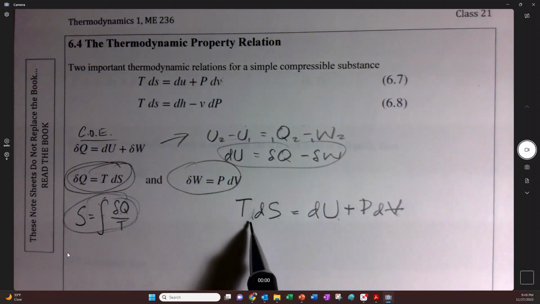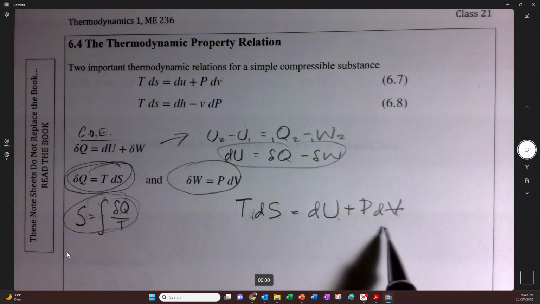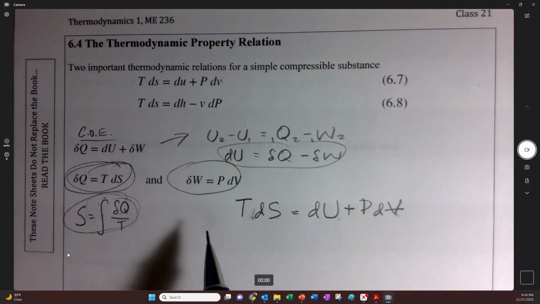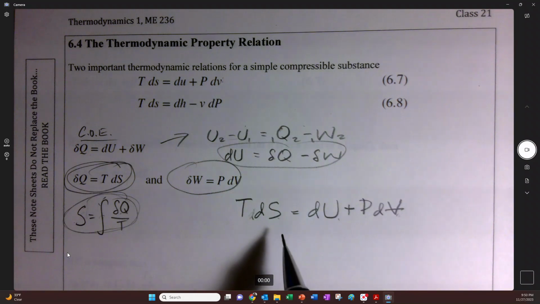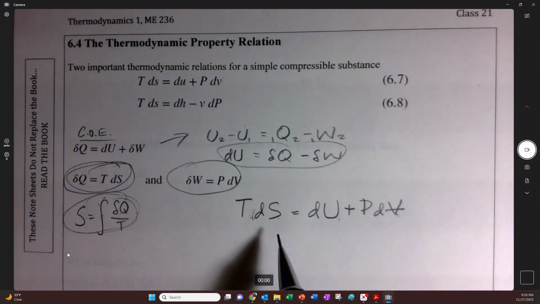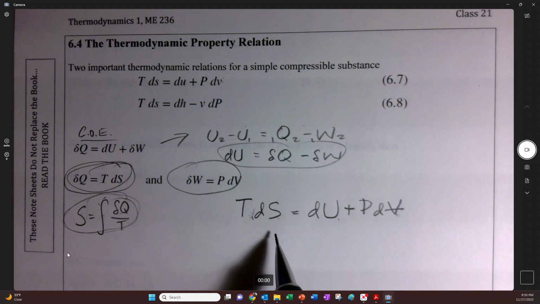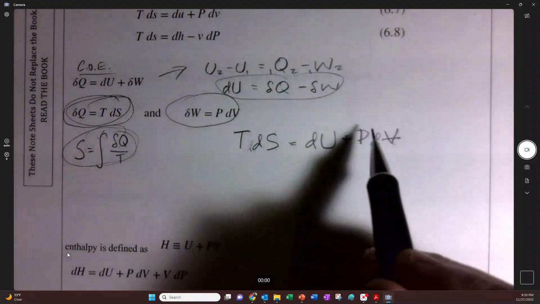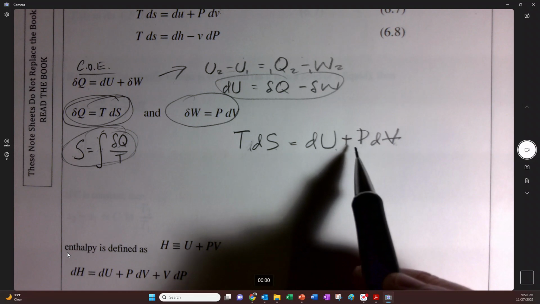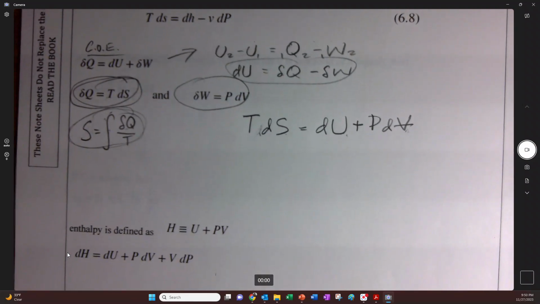We have to be careful about what our path is, but this derivation is totally fine to get at a state. The book says, although derived using the reversible process assumption, this can be used for irreversible state-to-state property calculations, but maybe not the path. Here's the first Gibbs equation, but we're going to wait until we summarize at the end.